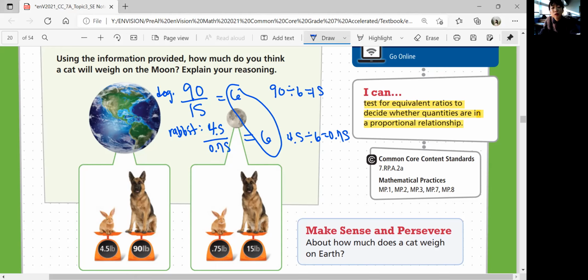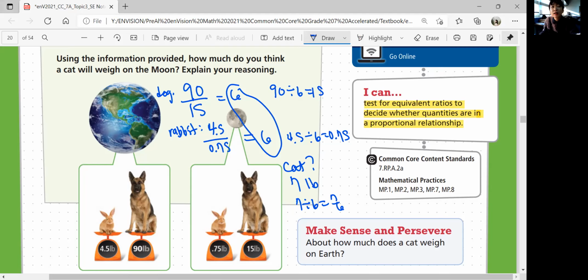Right? So if you think your cat's weight is about 7 pounds, you can divide 7 by 6 to get 7 over 6. Or if you think your cat is only like 5 pounds, divide by 6 to get 5 over 6 pounds.